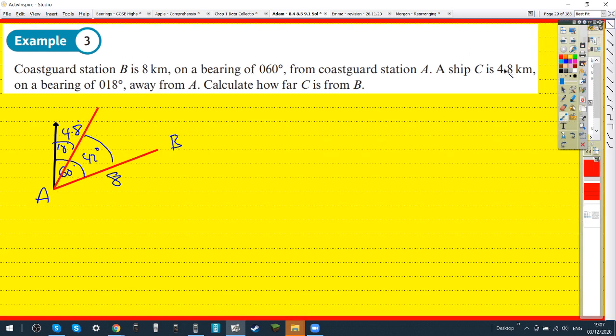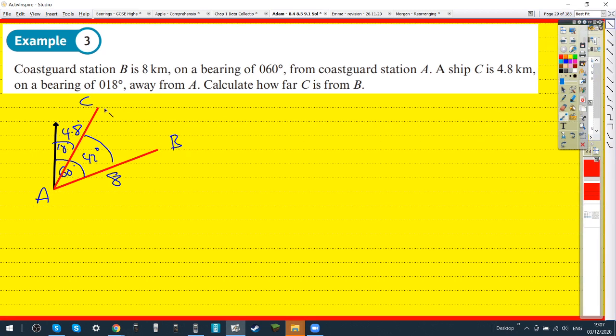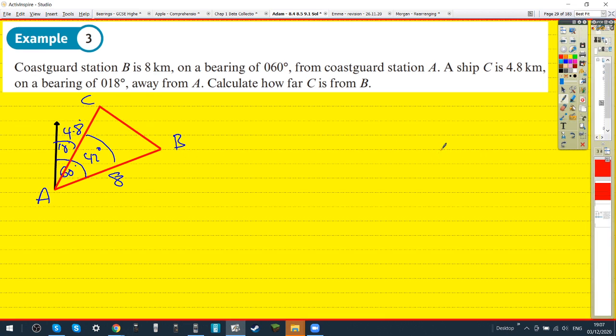We need the distance from C to B. So now do we use trigonometry? Yep. So which rule would we use? We have two sides and the angle between. Any idea?